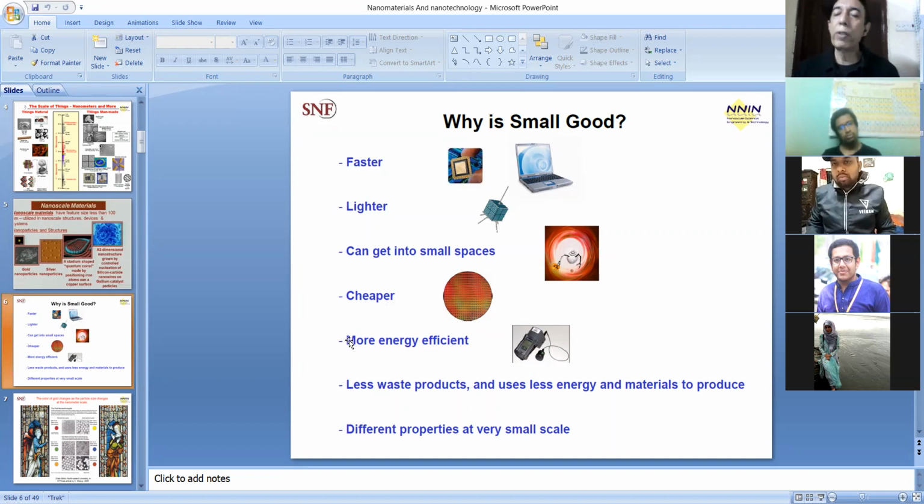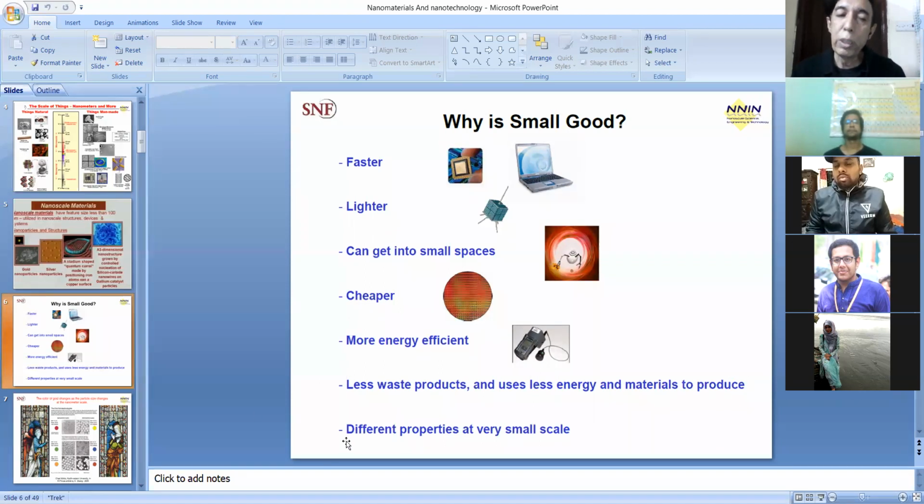Why is it more energy efficient? Because all the atoms work together. Hence, it is very much energy efficient. Less waste product. Because it is small, waste is also small, and it uses less energy and materials to produce.